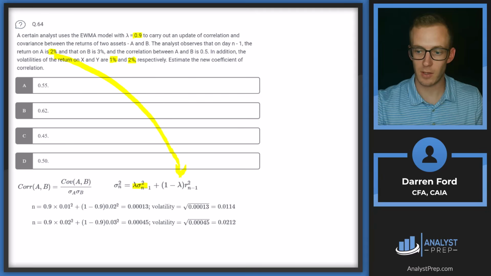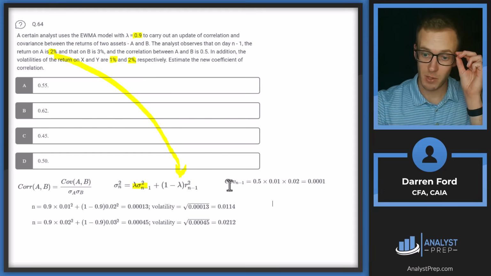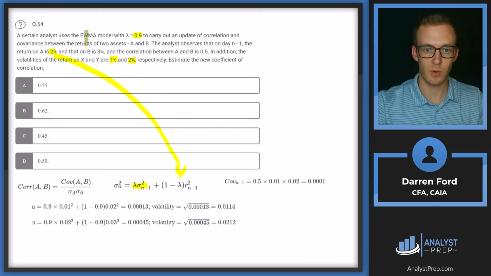And then to calculate the new covariance of A and B, we need to know the previous covariance. So the previous covariance is going to be this formula rearranged. It's going to be the correlation multiplied by the current standard deviations. So the previous period covariance is going to be the current correlation of 0.5 multiplied by those two standard deviations, so 0.01 times 0.02.